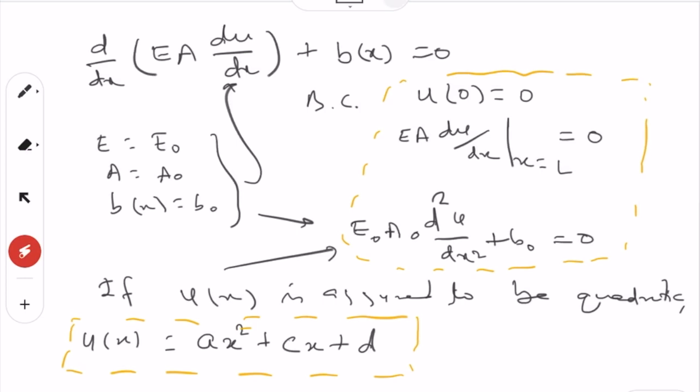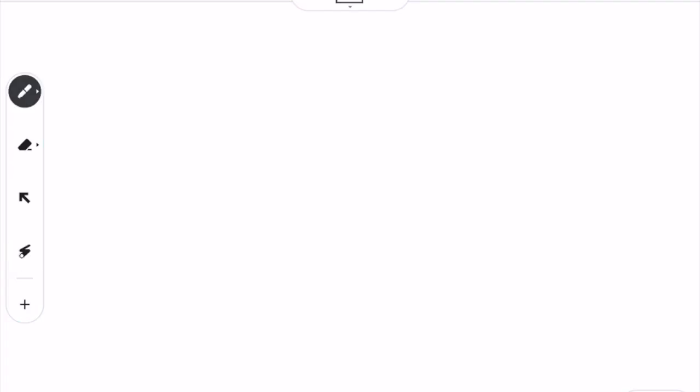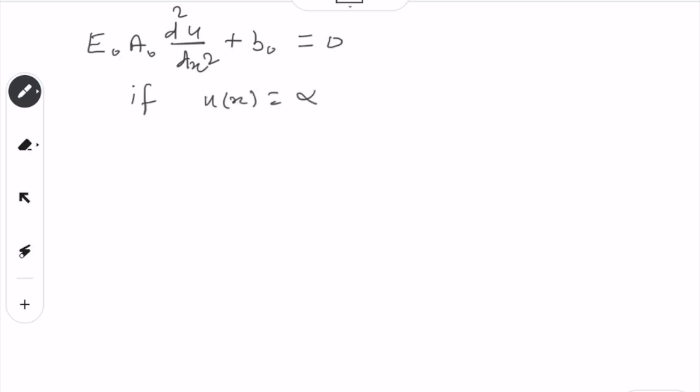Our differential equation is E naught A naught d square u over dx square plus B naught equal to 0, and if u(x) equals alpha x plus beta, then d square u over dx square equals 0.